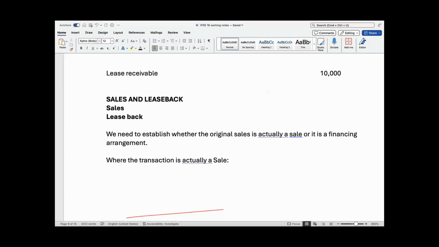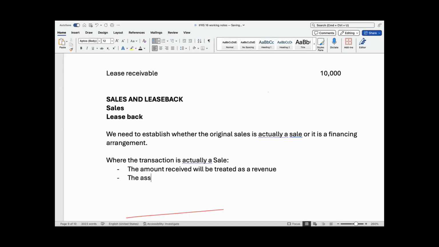In such case, the amount received will be treated as a revenue. It is a revenue because it is actually a sale. So the amount received from the original sale, you will treat it as a normal revenue in your books.